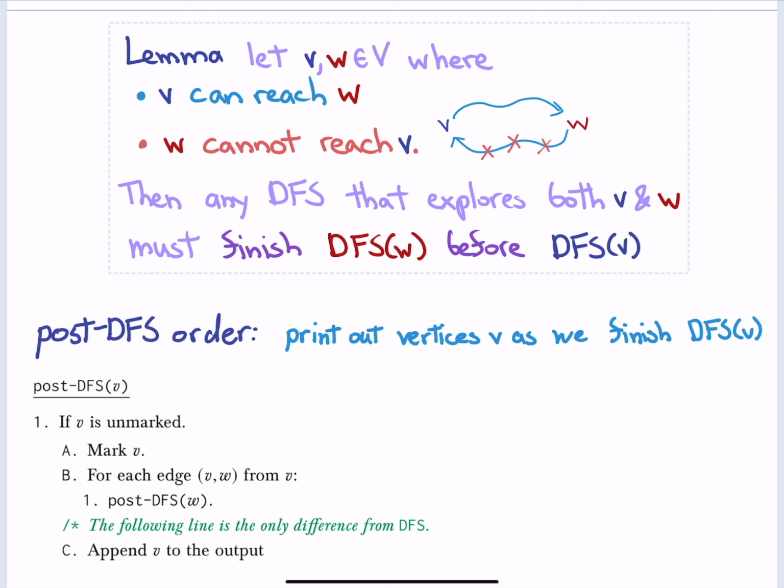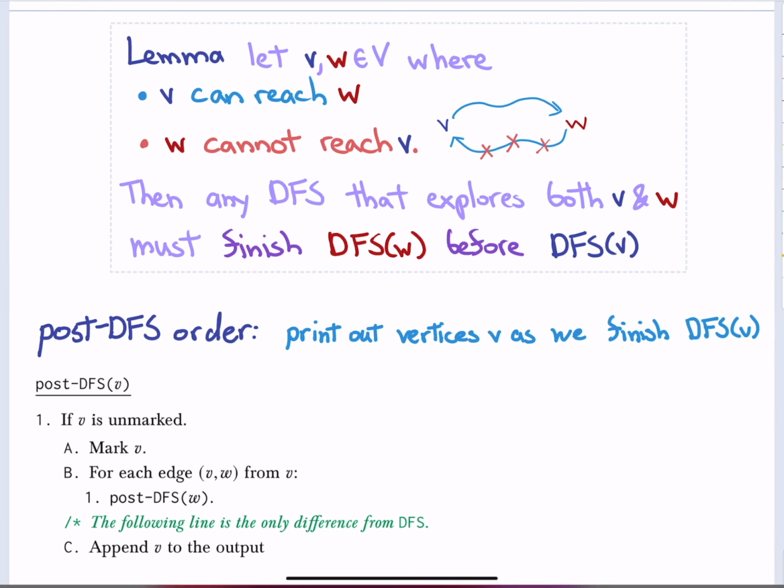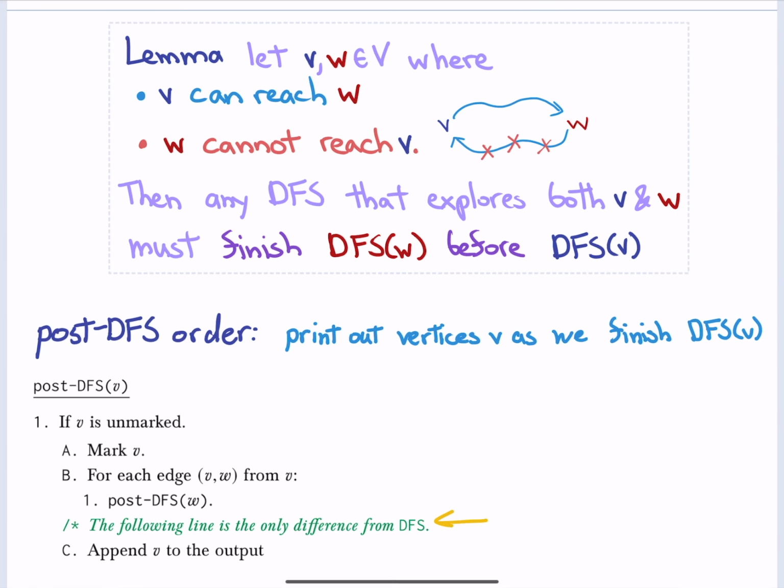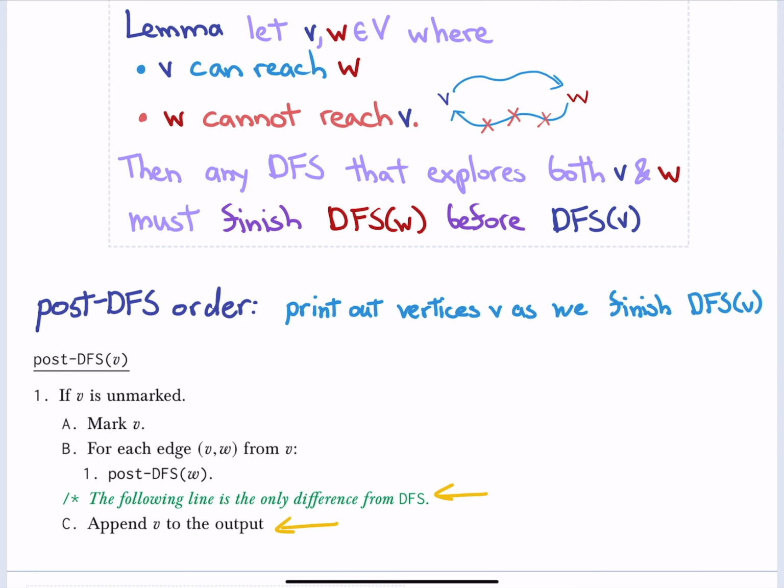V. Now imagine I took the depth first search code and I appended one line where I just print out the vertex as I'm exiting. And I just want to say, what does this list of vertices look like? That's going to print out some set of vertices in some order.